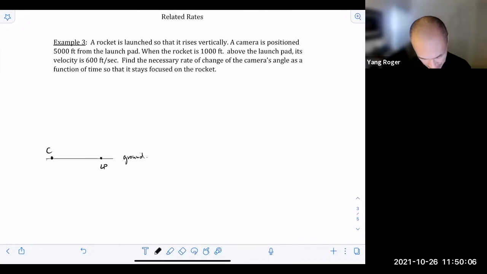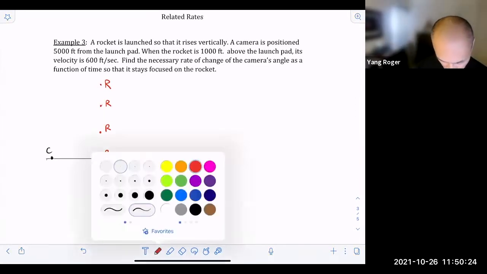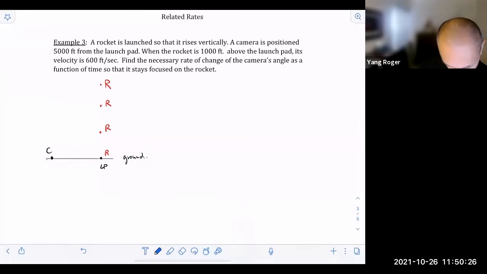And then I'm going to have a sequence of dots representing the rocket. So the rocket starts at the bottom and it's going vertically, right? It's going vertically like that. That's the rocket. And if I drew lines connecting it, this is like the camera is pointed at the rocket.